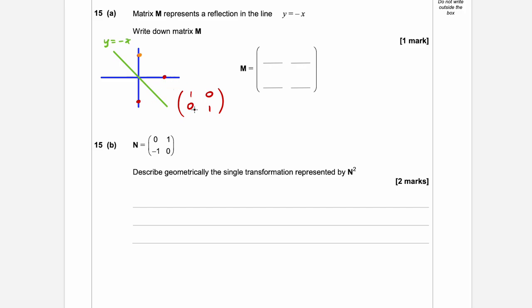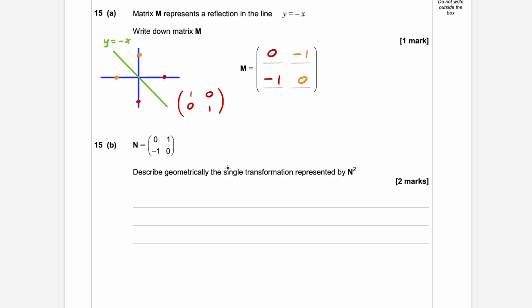So instead of 1 0, I'm going to have 0 minus 1. And this orange guy will go to here. So this is minus 1 0. I'll just put it in orange, but obviously, guys, you'll keep it in the same color. Okay. M is this.